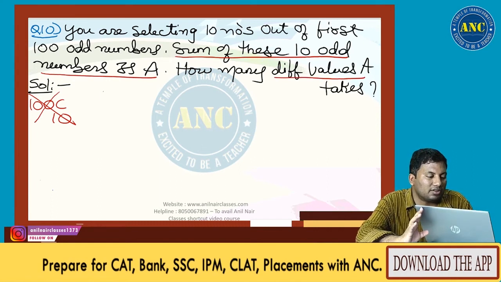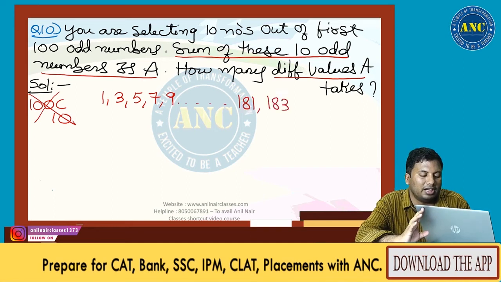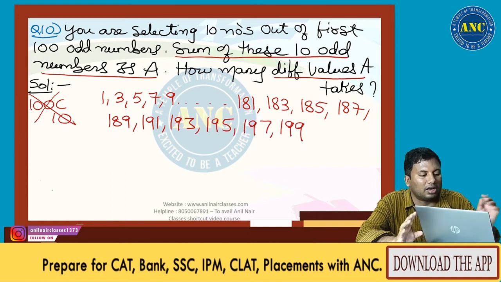100 odd numbers. 1, 3, 5, 7, 9 and so on. 100th odd number is 199, 181, 183, 185, 187, 189, 191, 193, 195, 197, 199. These are all 100 odd numbers.